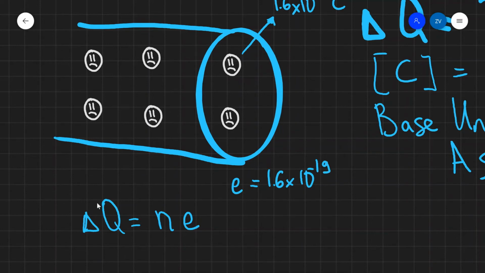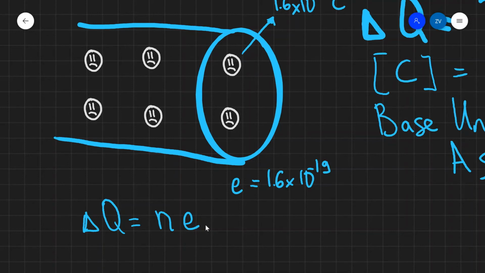And every single charge anywhere in the universe is always a multiple of that number. Of course, I'm talking about charge on a slightly more macroscopic level. If you have been studying physics for a while and quarks come to mind, we'll be talking about those slightly later on in the course.